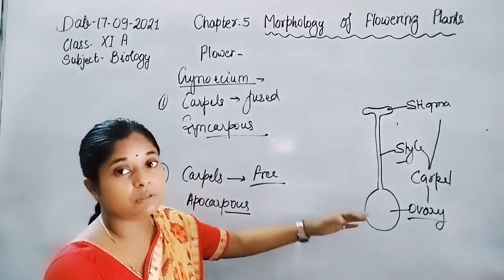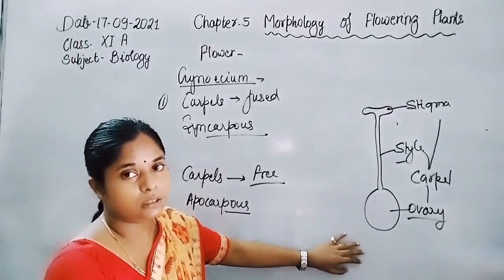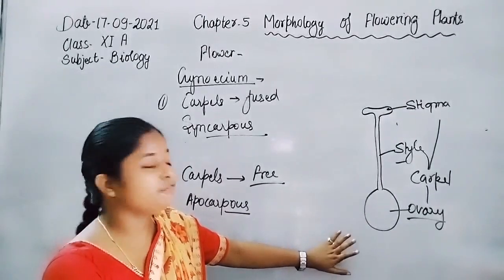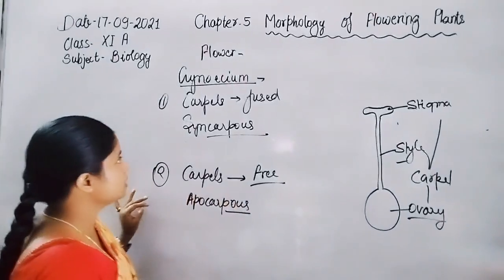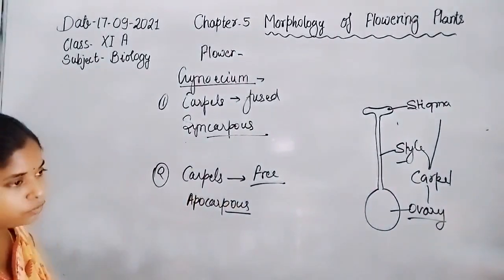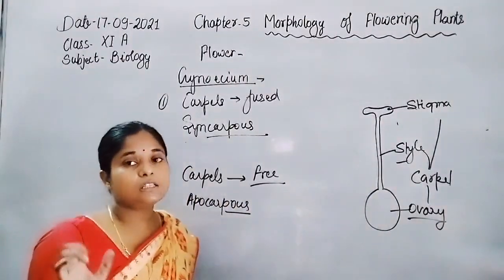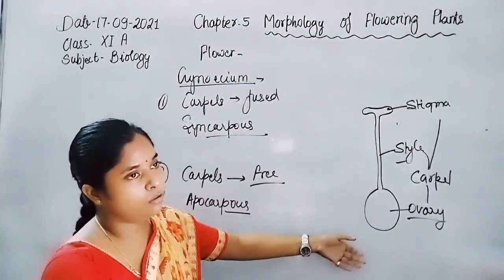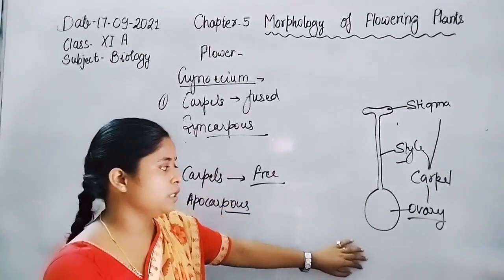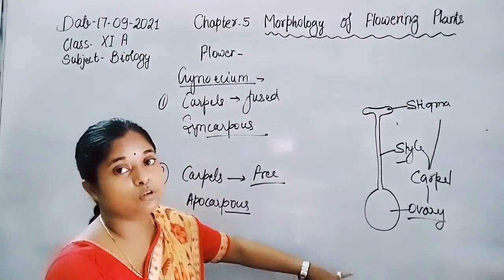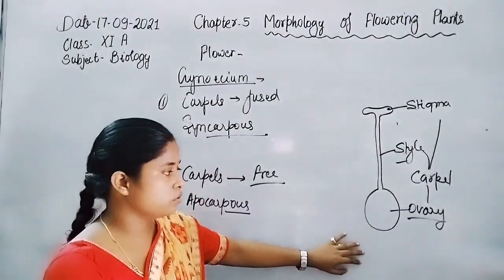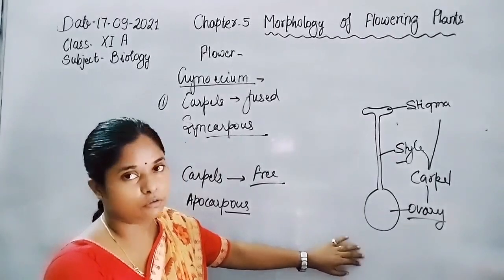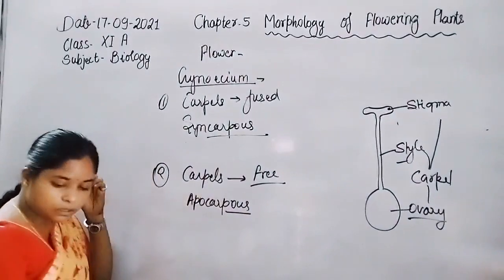If the gynoecium is present below the other parts, such an ovary is known as inferior ovary. Now next is placentation.